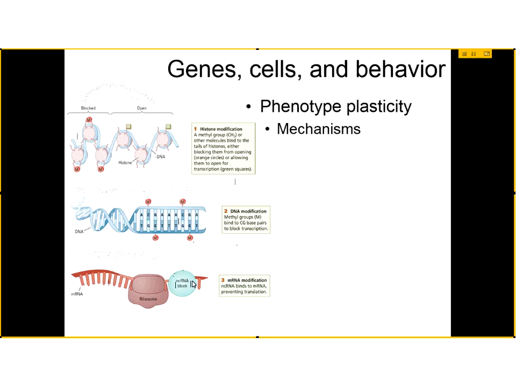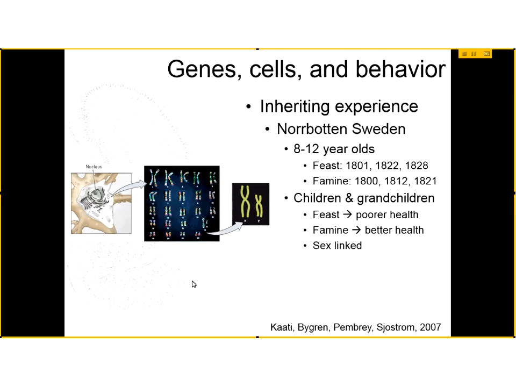And these could be a mechanism to have a behavioral experience in one generation and have it translate to another generation. So what we'll talk about last here in this section is an interesting study, Norrbotten, Sweden study, looking at individuals that would go through either feast or famine.